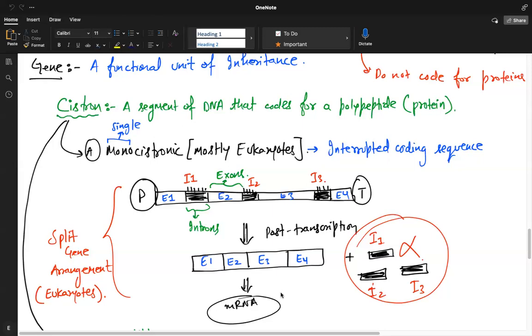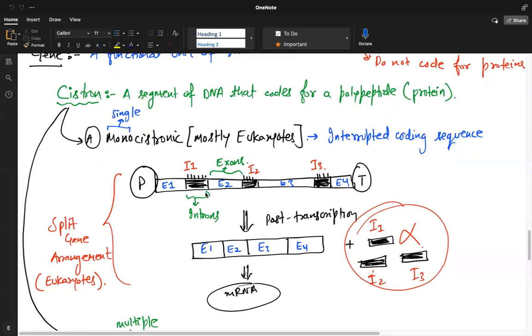Yeah. Okay. So we call this kind of arrangement a split gene arrangement. Eukaryotes do not have their genes coded in one continuous manner. Every gene of ours has introns and exons. Now, why is that, and what advantage does it give?